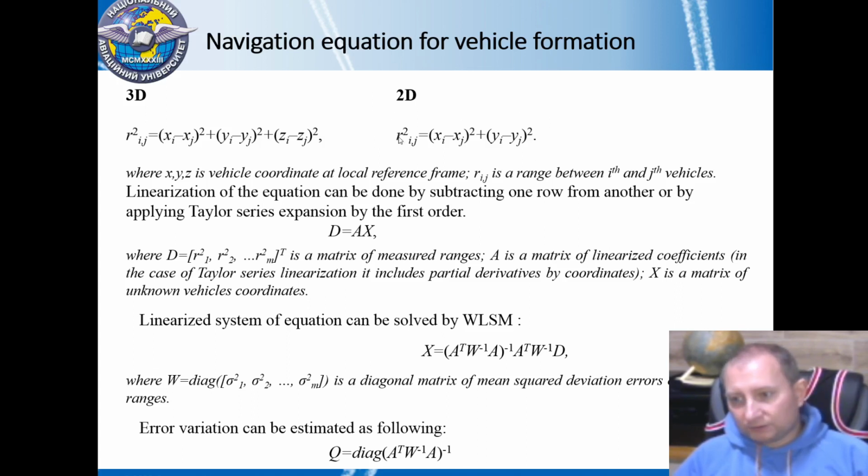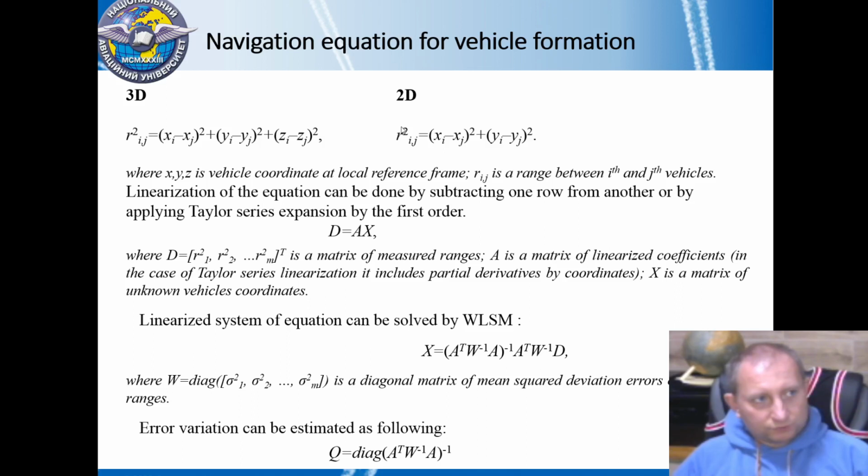R is equal to the square root of the sum of squared differences between coordinates. Okay, that's why by this quite easy formula we can estimate range.